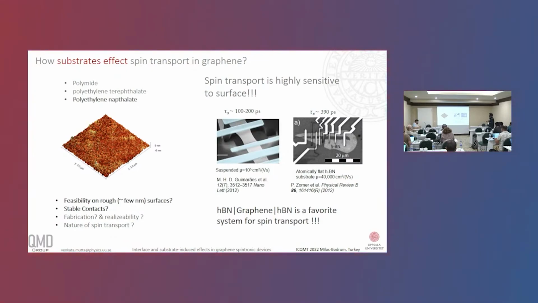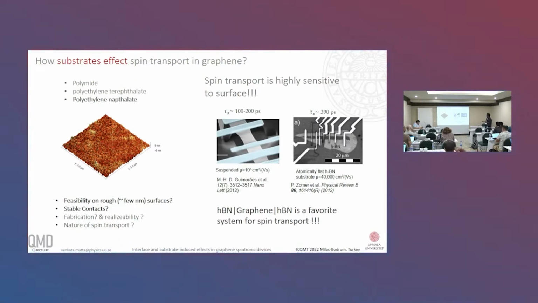So in order to establish some kind of stable contacts, we have to do lithography on this, and we have to lay some electrodes. And how the magnetic texture of those electrodes is influenced by the roughness is unclear. Also there are fabrication challenges, and the nature of transport on this kind of substrate is not clear.